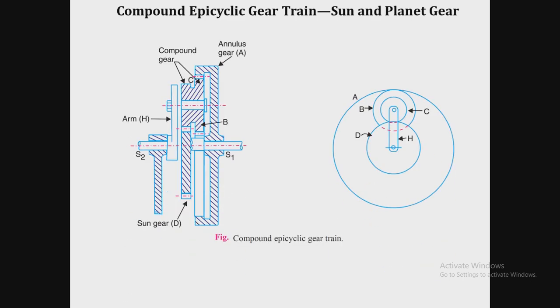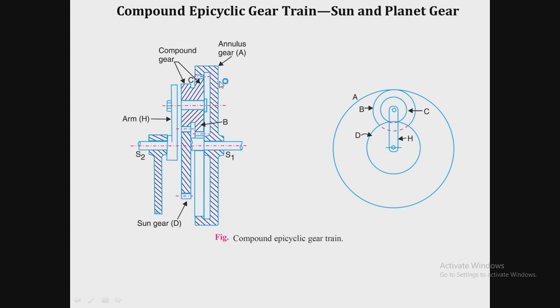Then we move towards the compound epicyclic gear train. This figure shows the compound epicyclic gear train, in which two gears are mounted on the same shaft. Here there is a compound gear.